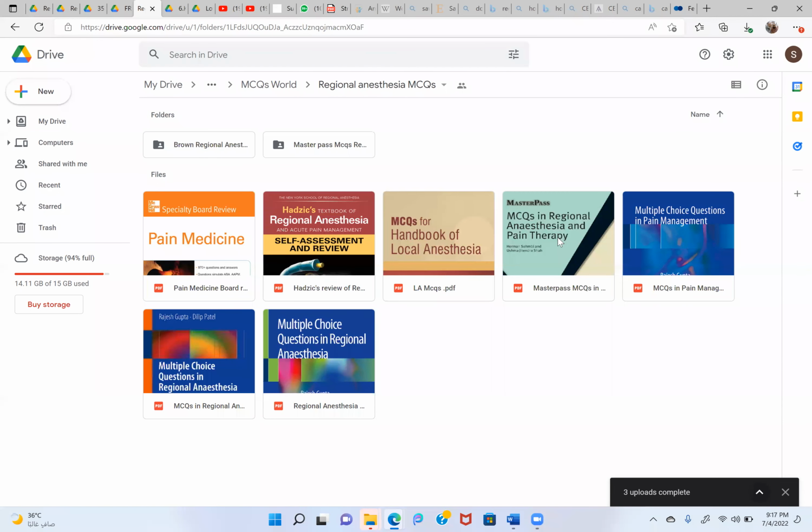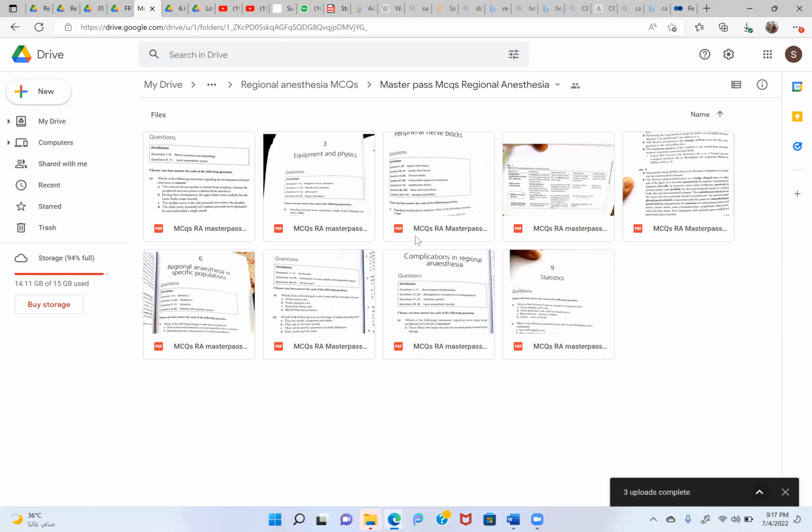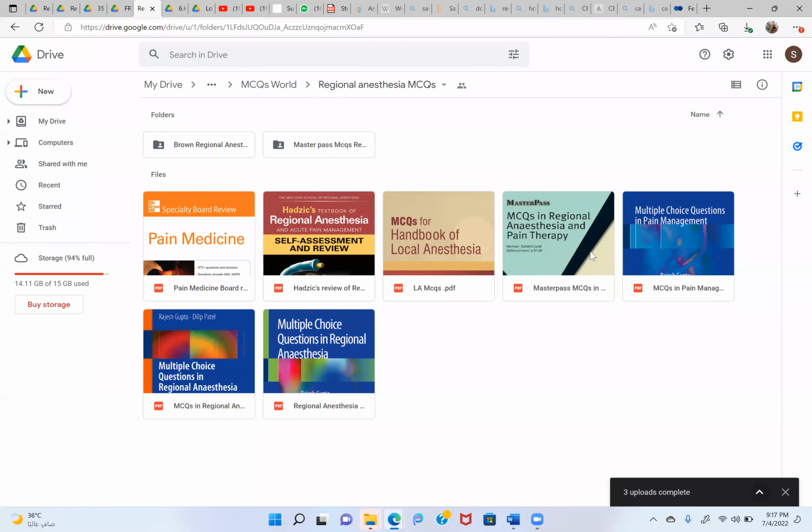I am just showing it to you to show how much time I have spent making these things for you. Before I did not have the soft copy. I scanned the whole book of 400 pages. This is just to show you that if someone wants to do something, anyone can do anything. I shared it for that reason. Then later on, I found the soft copy, so I put the soft copy as well.